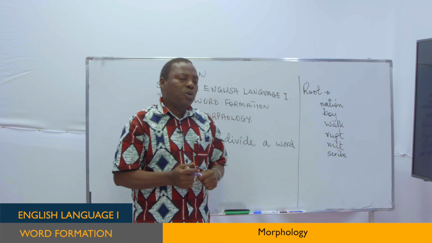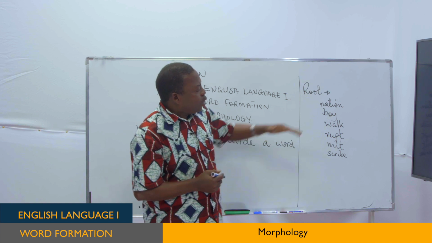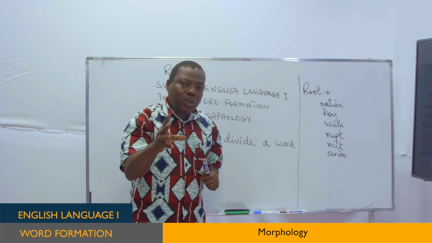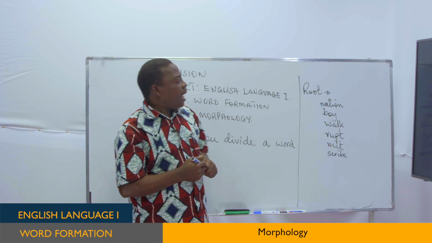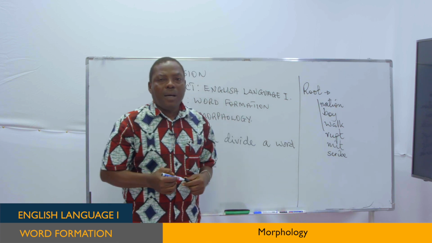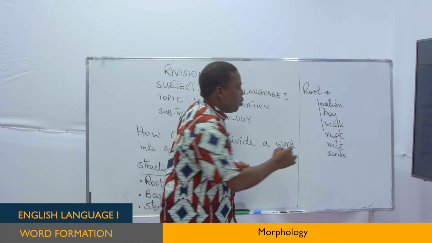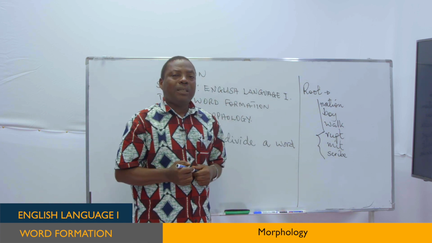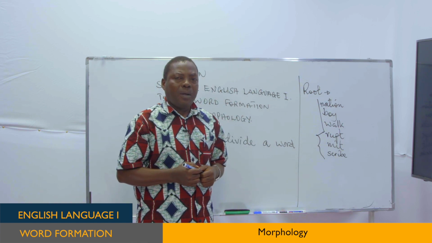What I wanted us to know is that when you talk about a root, you can have roots which are recognized as words in a language, but you can also have other roots which are not recognized as words.